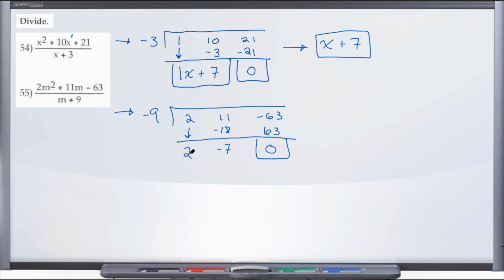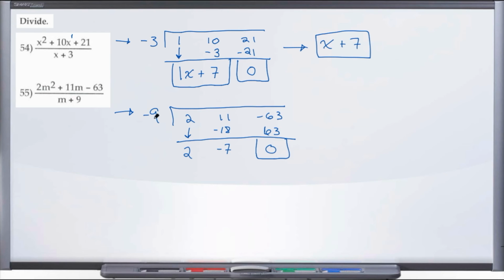All right, well now we have a 2 and a negative 7, and we want to fill in our variables, right? Because we have m's, and our final answer is likely to have m's, but we don't know how many to use until we go back to the original numerator and see that we started with a 2. And since we started with a 2, we're going to drop 1, which means we're going to go from 2 to 1 and start filling in our answer.